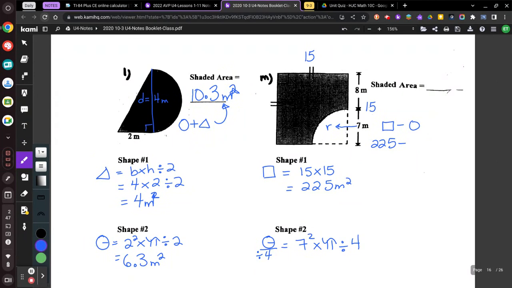That's what the divide 4 means. And that's going to give us 38.5 meters squared. And that's going to give us a grand total of 186.5.